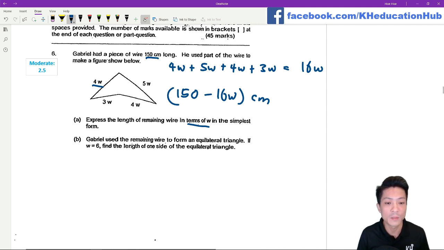Part B. Gabriel used the remaining wire to form an equilateral triangle. If W equals 6, find the length of one side of the equilateral triangle. So the first thing I need to find is the length of the remaining wire.